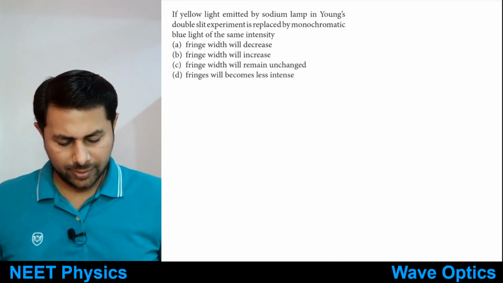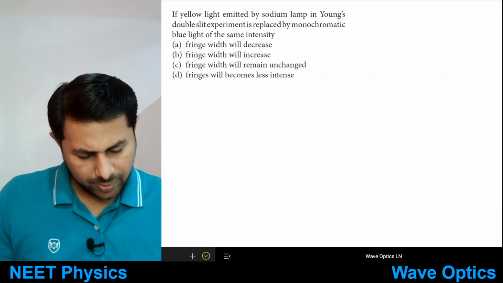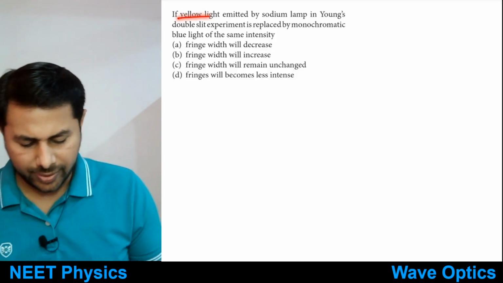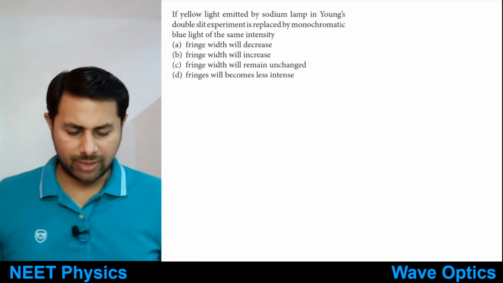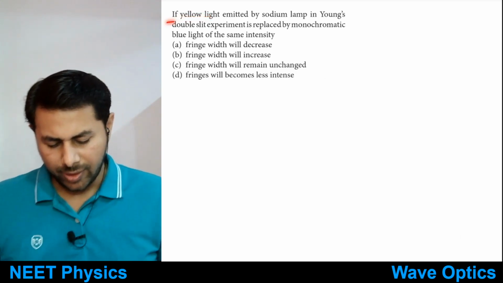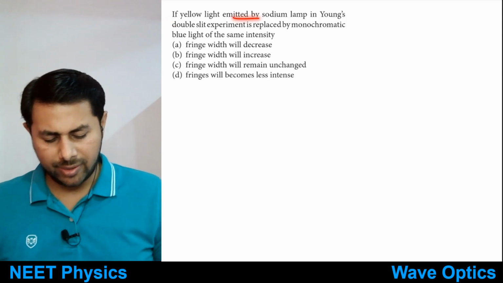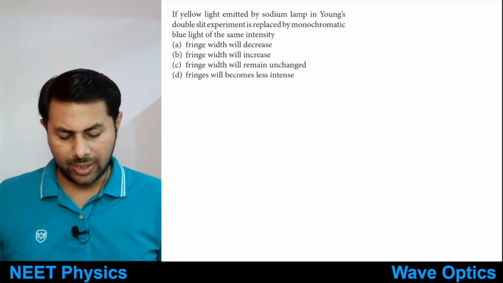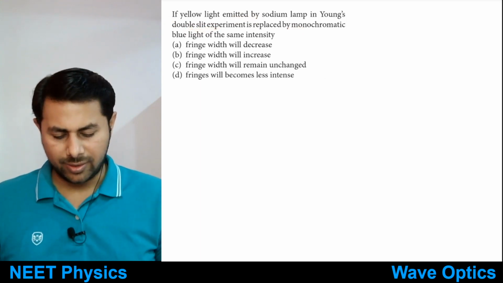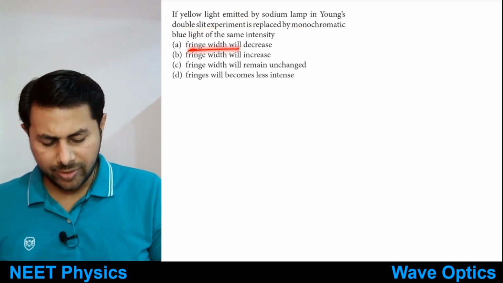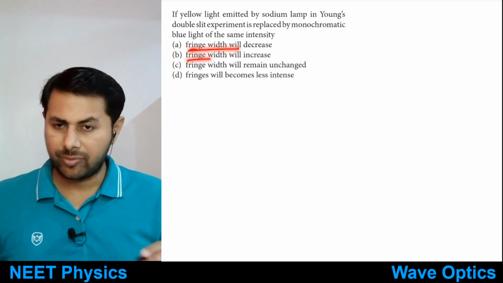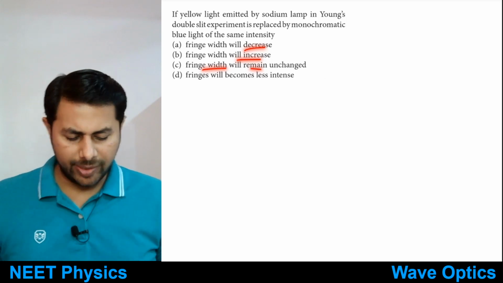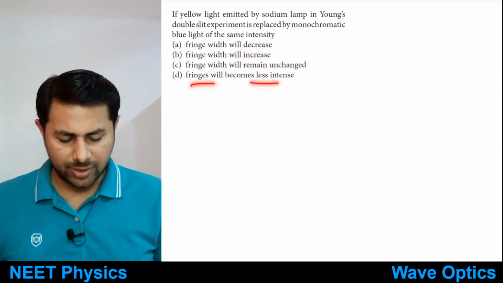Then we have similar questions. Let's see this one, and the other 3-4 questions I will leave for you. If yellow light emitted by a sodium lamp in Young's double slit experiment is replaced by monochromatic blue light of the same intensity: fringe width will increase, fringe width will decrease, fringe width will remain unchanged, or fringe width becomes less intense.